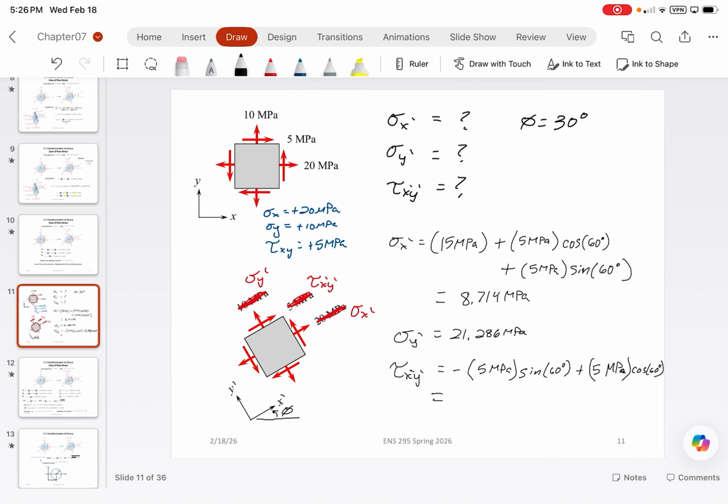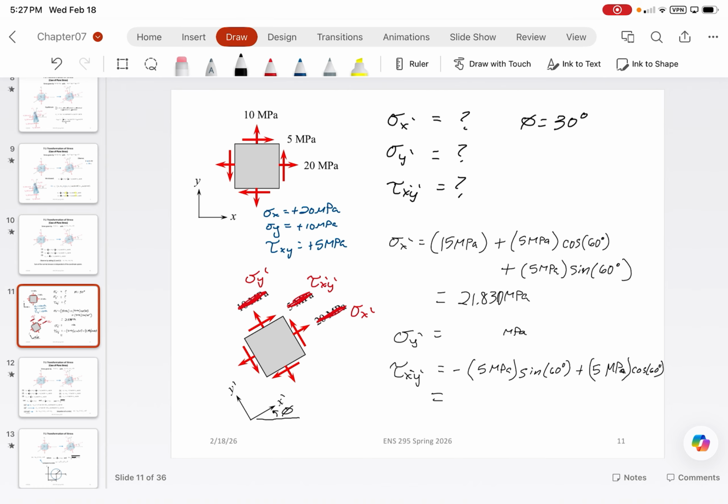Professor? Yes. Are you in radians or degrees? Great point. You should be in degrees. Great catch. You just saved me. I just had numbers and I got something different. So sigma x prime should be 21.830 megapascals.